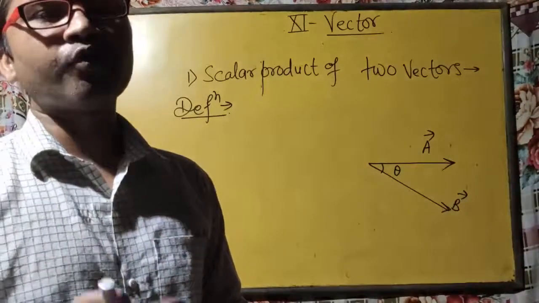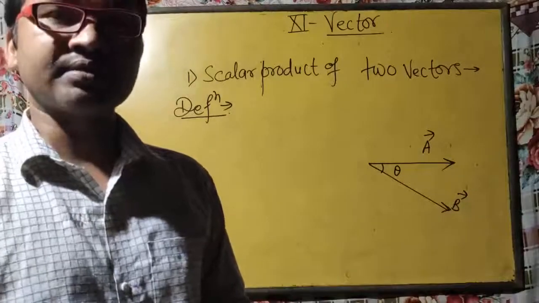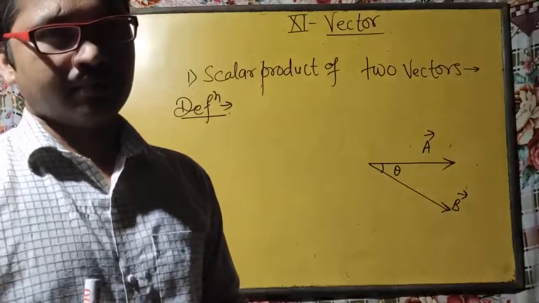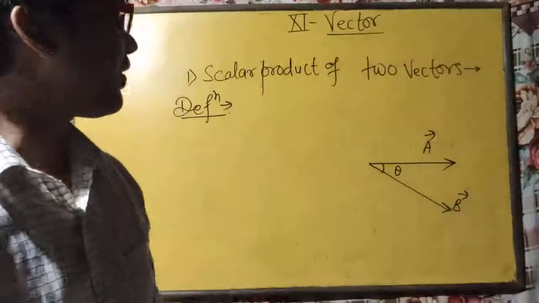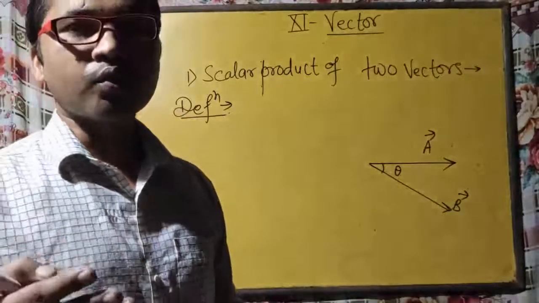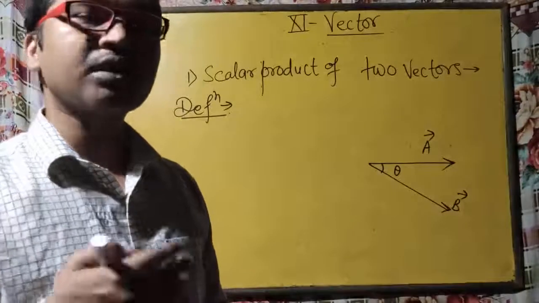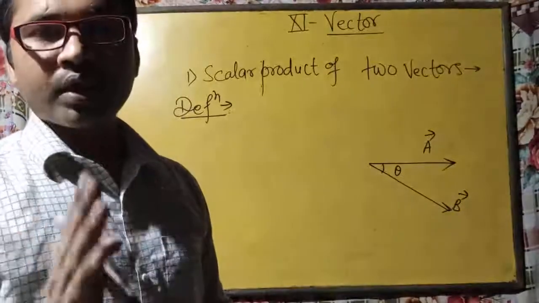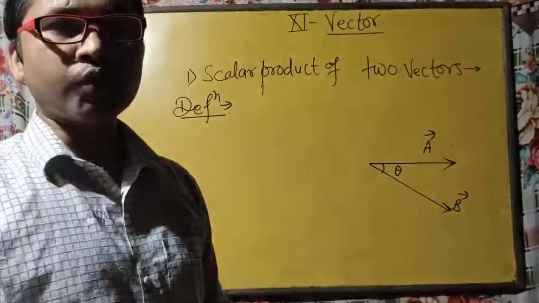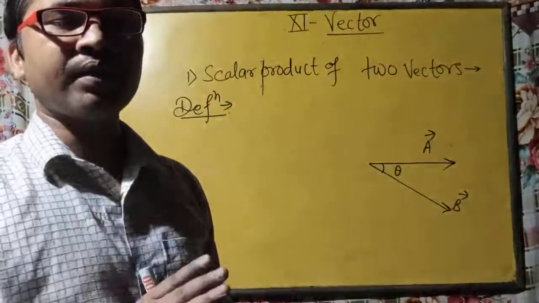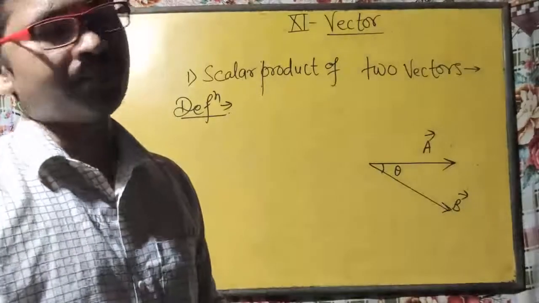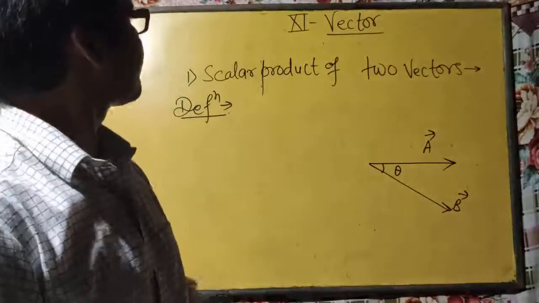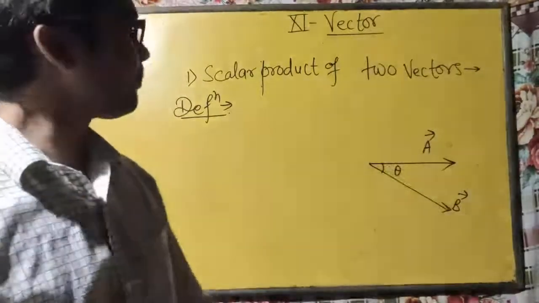The product of two vectors, A and B, is equal to the product of the magnitude of vector A and vector B and the cosine of theta between them. So this is the scalar product of two vectors, right?